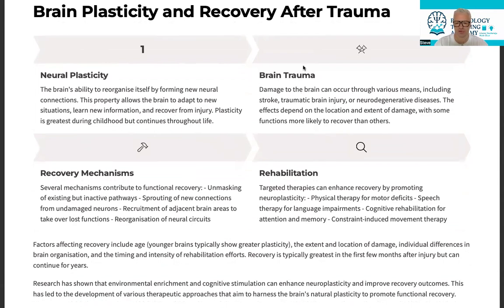If someone has brain trauma or stroke or disease, you can kind of regenerate the brain through rehabilitation, which is physical rehabilitation, cognitive rehabilitation. So the brain can rewire itself and regenerate to a certain extent.